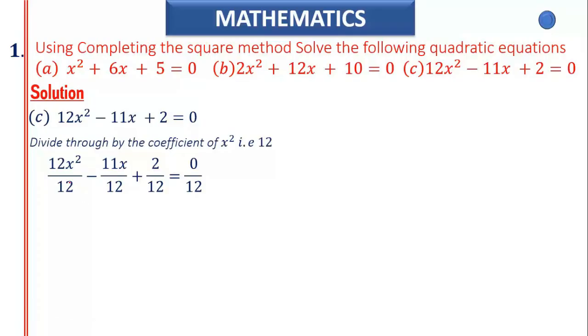Let's do it one after the other. 12 cancels 12, that's 1, and nothing can divide through each other here. 12 here is 1, 2 here, 1 over 6, and 12 into 0 is 0. It can only go in 0 times. So from what you have here, x squared minus 11x over 12 plus 1 over 6 equals 0.